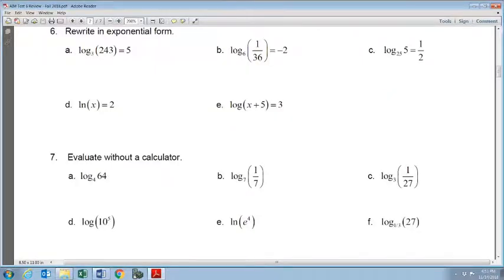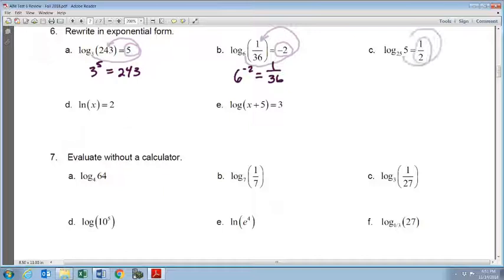All right, on number 6, now we're going the other direction. So 3 to the 5th power equals 243 is what we have here. On letter B, it'll be 6 to the negative 2 power equals 1 over 36. On letter C, we have 25 to the 1/2 power equals 5.